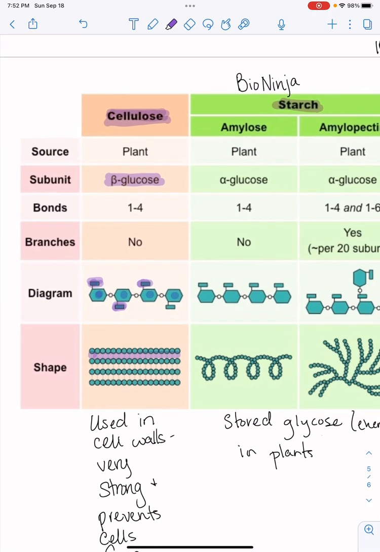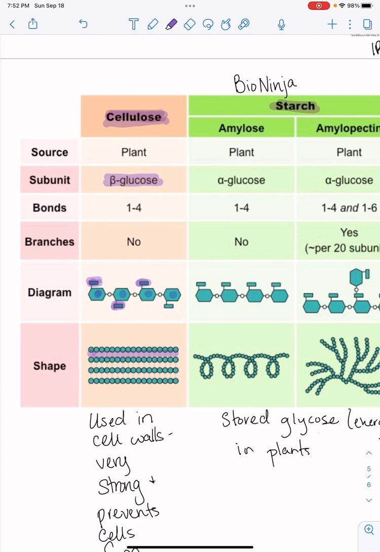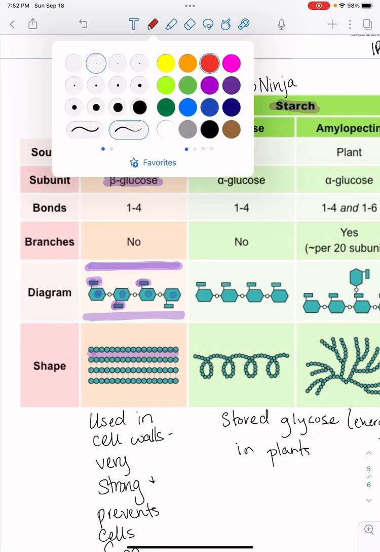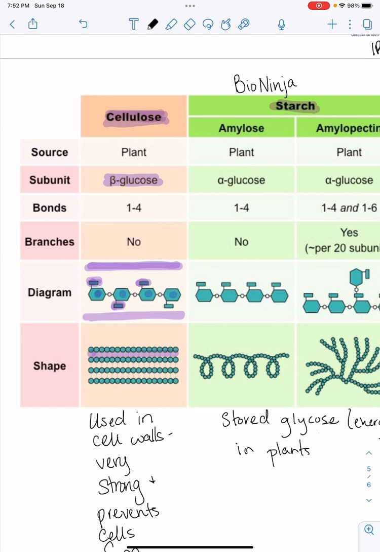Because if there are beta glucoses up here, and there are beta glucoses up here, they create these kind of hydrogen bonds, like that. Okay, so there are all these hydrogen bonds between all of the glucoses from the first line and the glucoses of the second line, if that makes sense.